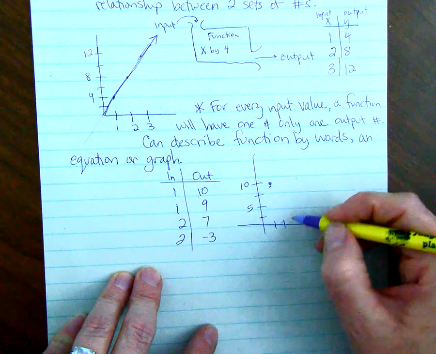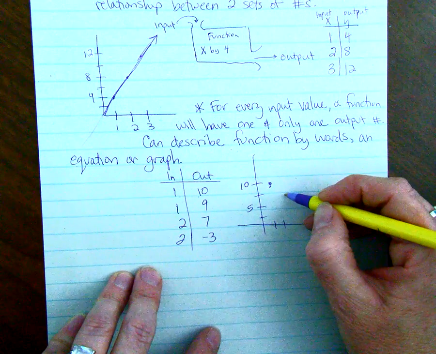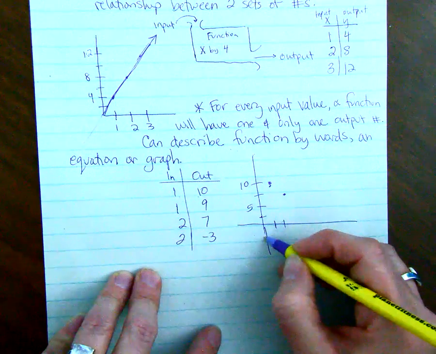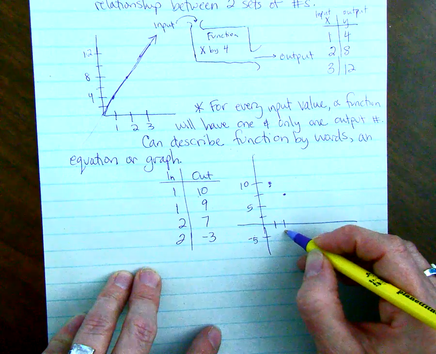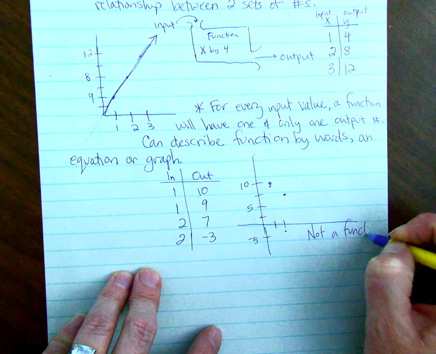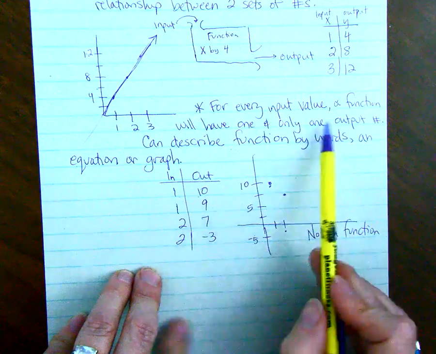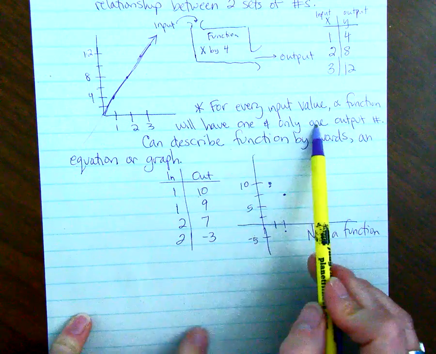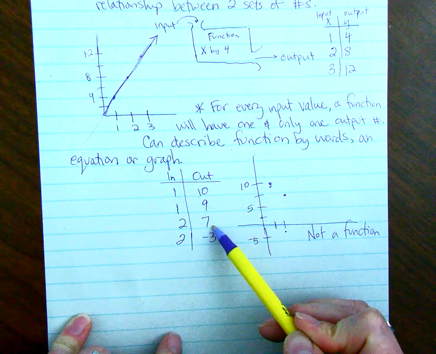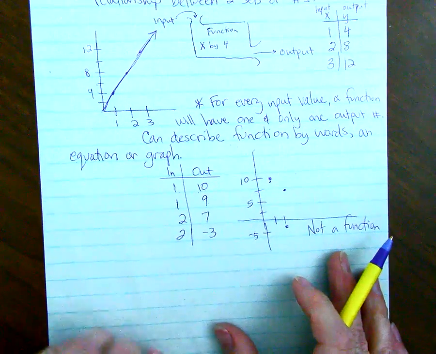At 2, we get 7. At 2, we get -3. This is not a function because for the input value 1, we had 2 outputs, but by definition you're only allowed to have 1 and only 1. Or with the number 2 we input, we got 2 outputs, so it's just not going to work. This is not a function.